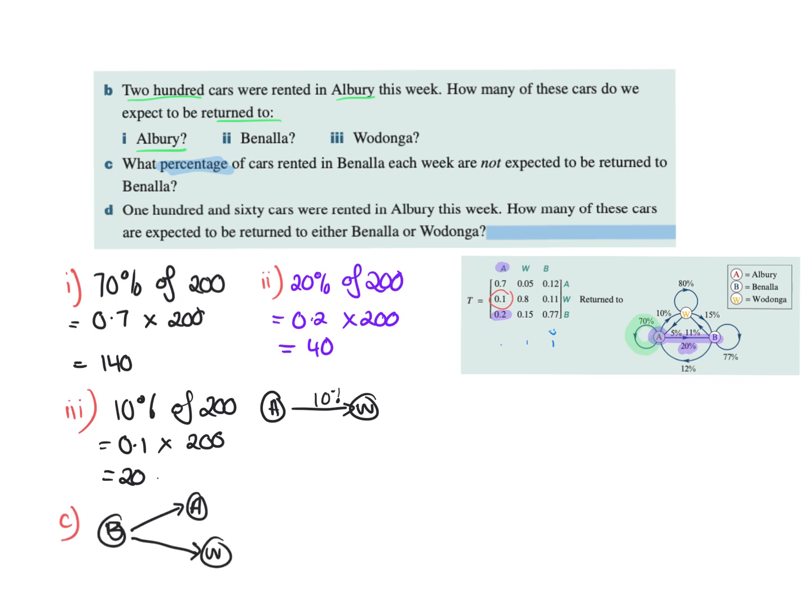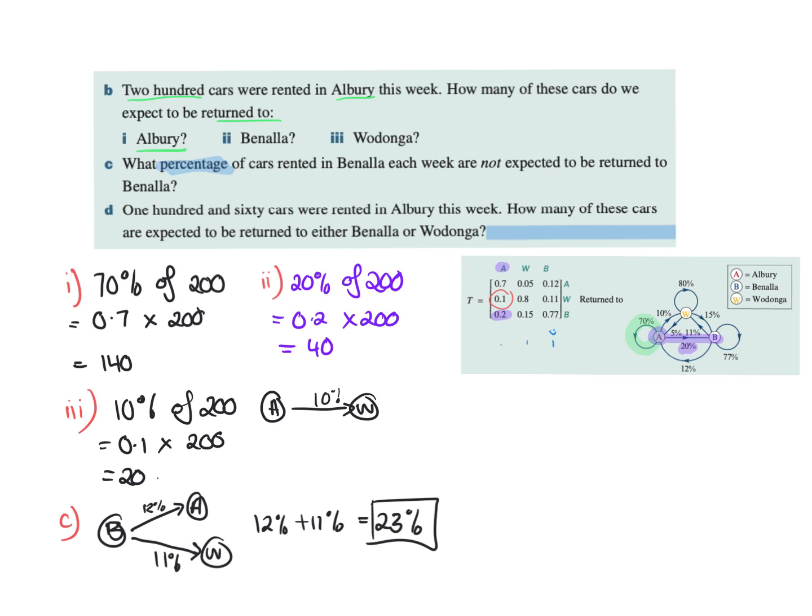Benalla out to Albury is 12%, and Benalla out to Wodonga is 11%. So we could say 12% plus 11%. What percentage of the cars are not going to stay at Benalla? It's 23% in total. Does that make sense? For what's not coming back, you've got to do all the categories going elsewhere.